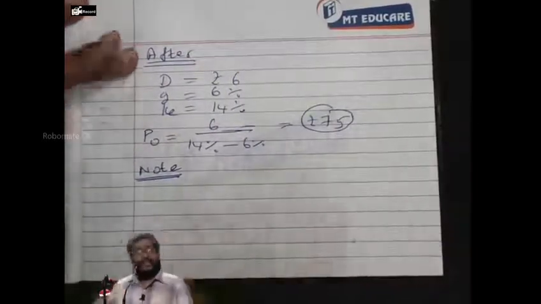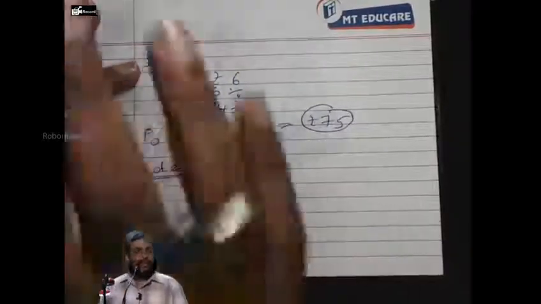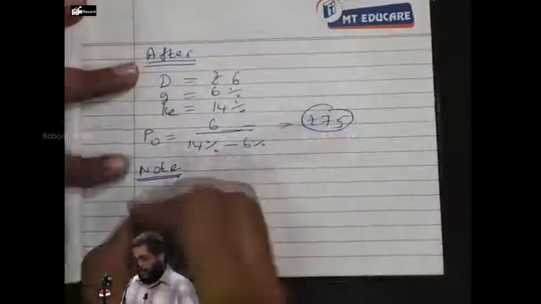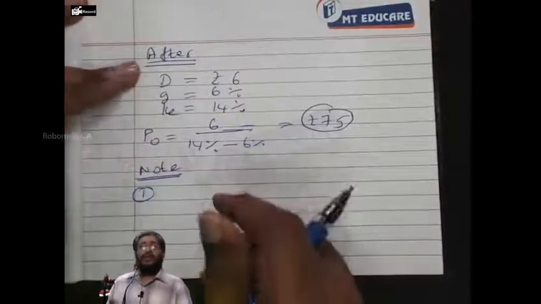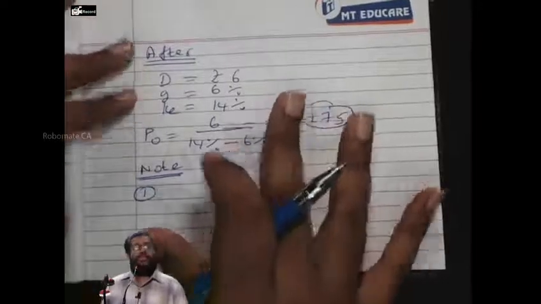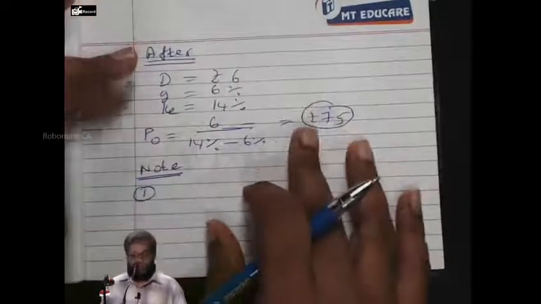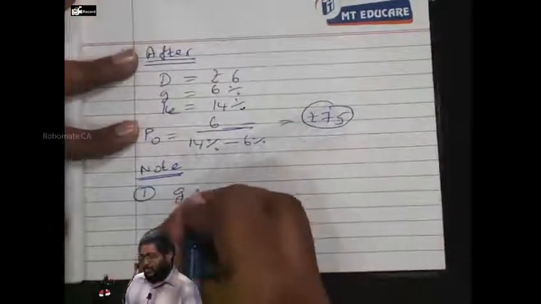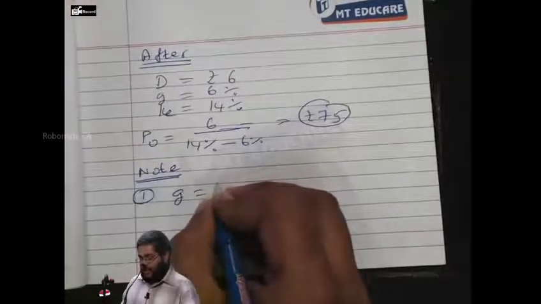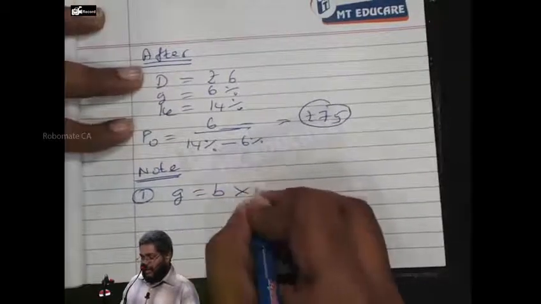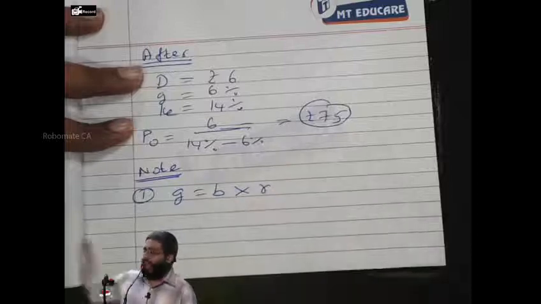There are some hidden numbers in this particular problem. First of all, G is equal to B into R. Growth rate depends on how much you retain and what return you earn on the new investment.